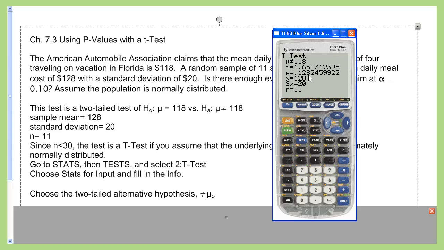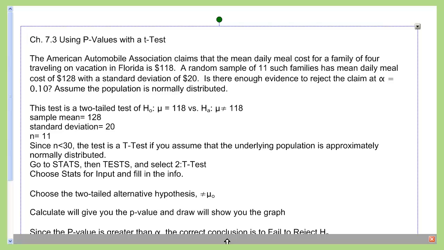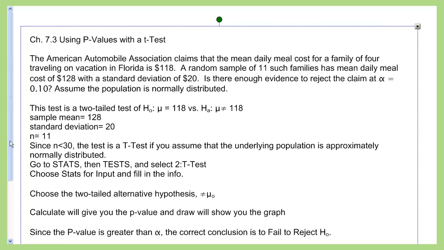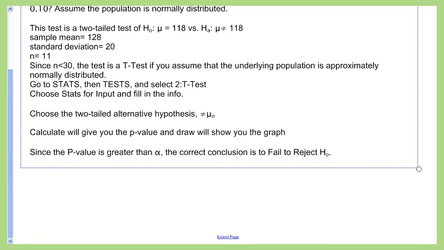And when I do, you'll see that my p-value is 0.128. So the p-value is 0.128, and remember, I'm comparing that to 0.10. So we're going to come back here, and after I find my p-value, it's 0.128.